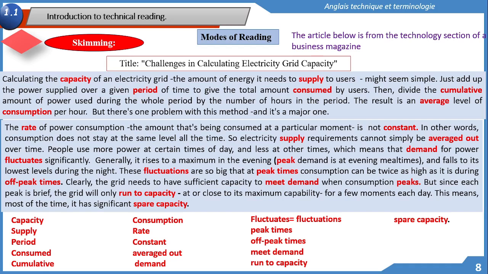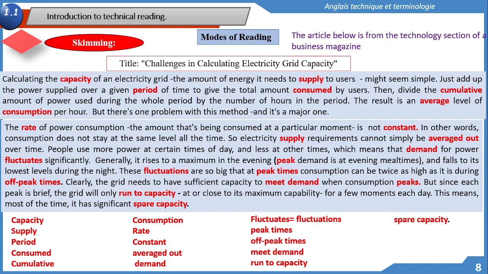Imagine you are browsing through a business magazine's technology section and you come across the following article. You decide to skim through it to quickly grasp the main points without reading every detail.